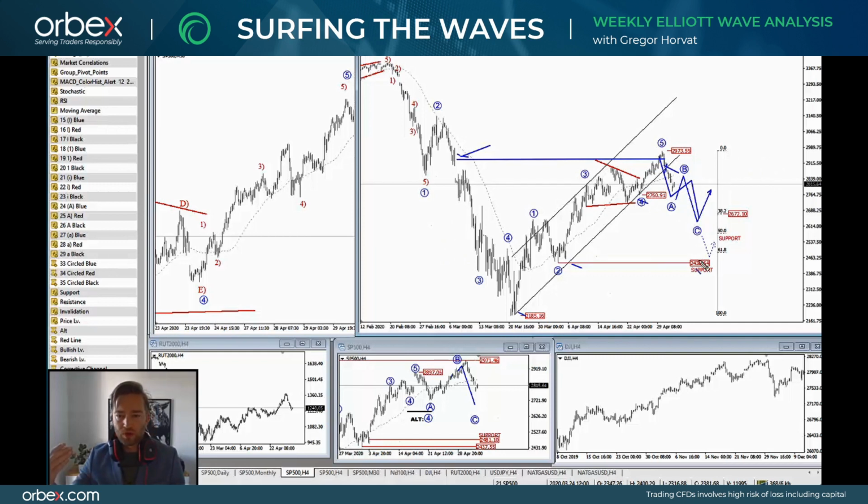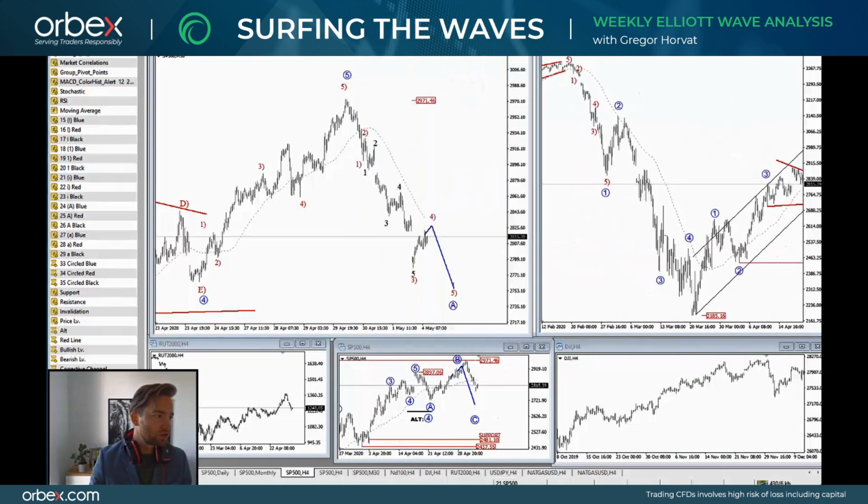So before a new stage higher can resume on stocks, we have to wait for a 3-wave setback. Very interesting support is here at 2670, but maybe much more important could be this gap from the start of April around 61.8%. So when this market completes a correction, that's when Aussie dollar will be expected to rise as well.